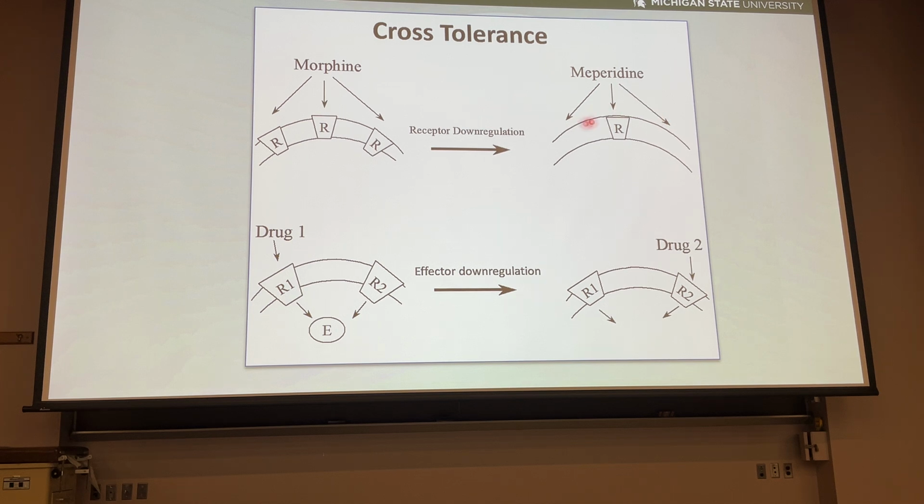Receptors were downregulated due to repeated treatment with morphine, so they would also be desensitized to morphine, but a different opioid that hits the same receptor is going to have that same desensitized effect due to the downregulation of the receptors. Same thing at the effector level.